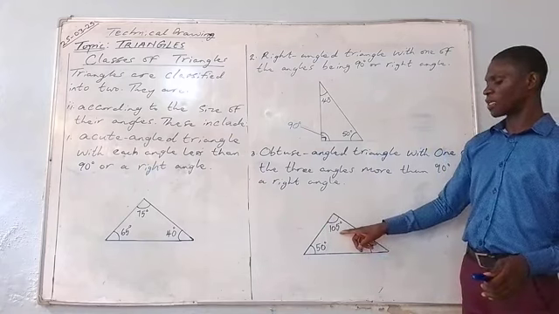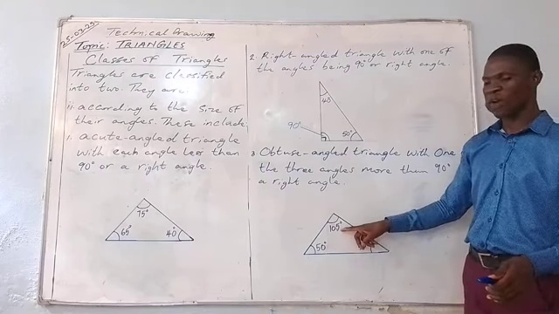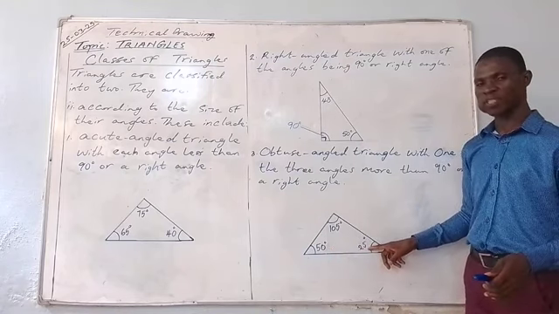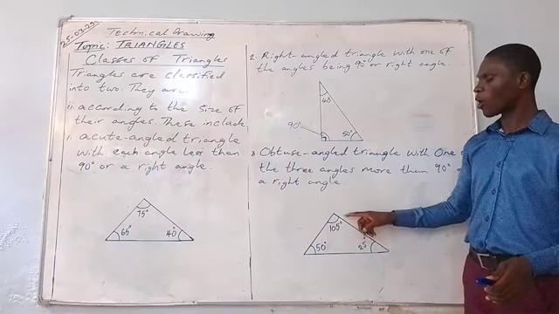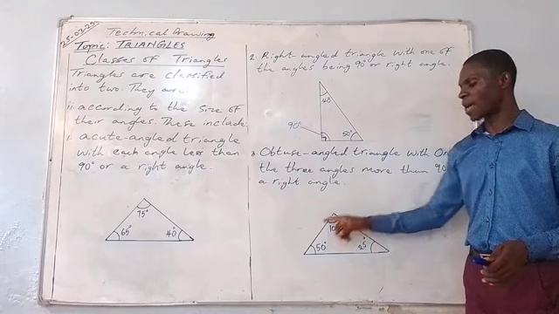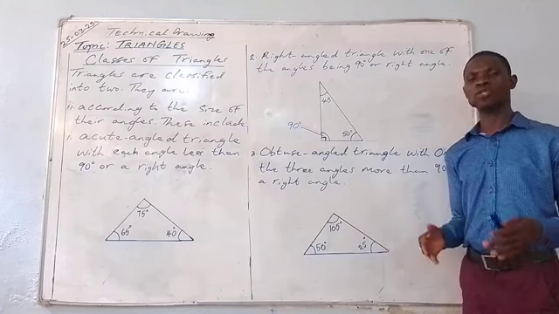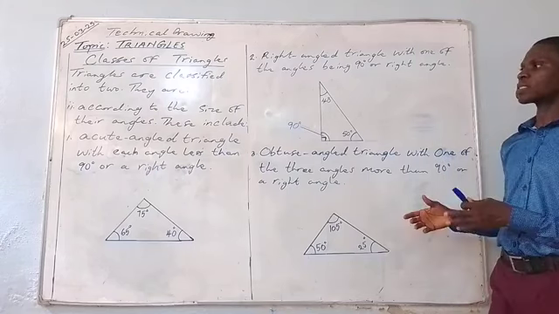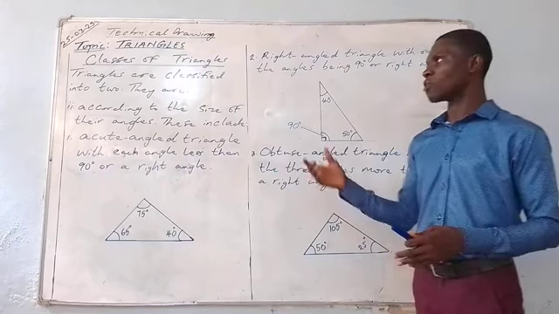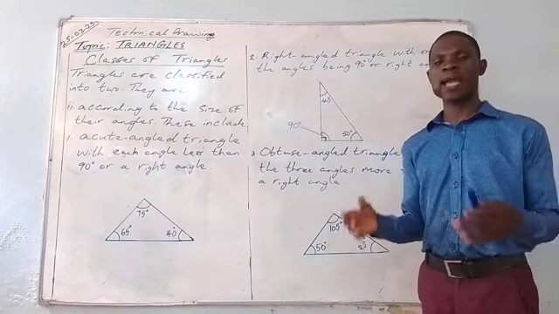Because one of the angles is more than 90 degrees. This angle is 105 degrees, this angle is 50 degrees, and this angle is 25 degrees. Because one of the angles is more than 90 degrees, this triangle is an obtuse angled triangle. These are the examples under this particular class of triangles, which we term according to the size of their angles.